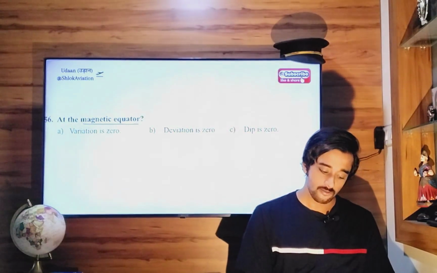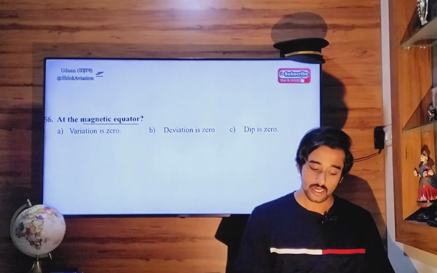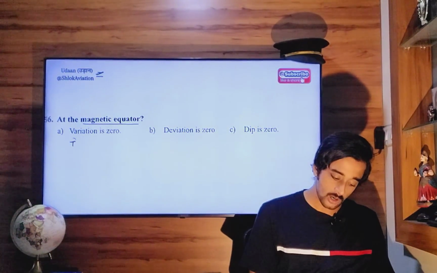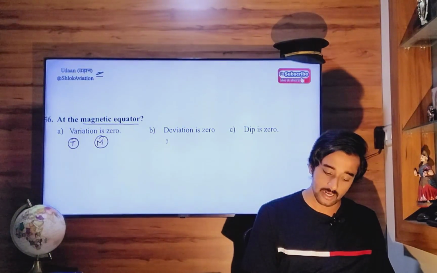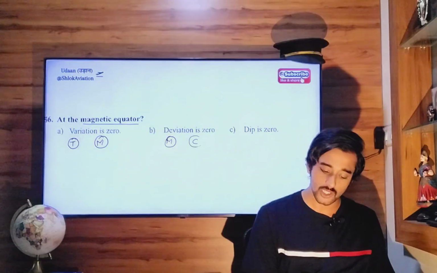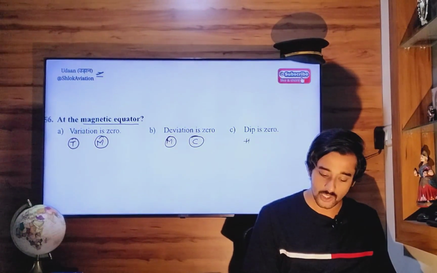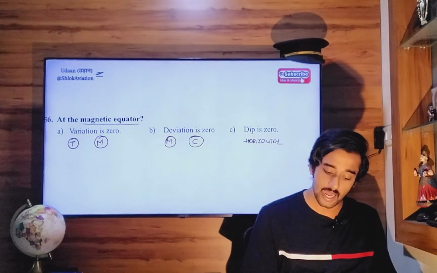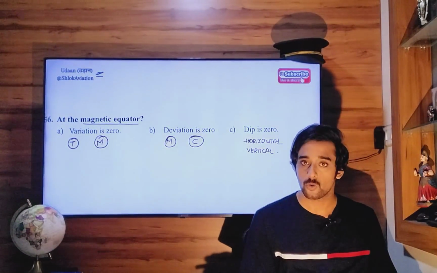Magnetic equator. Variation is 0, deviation is 0, dip is 0. Now variation is the angle between true north and magnetic north. Deviation is the angle between magnetic north and compass north. Dip is the angle between the horizontal component of the magnetic field and vertical component of the earth magnetic field.